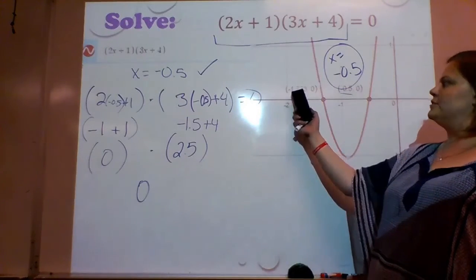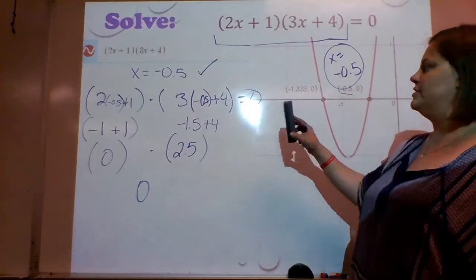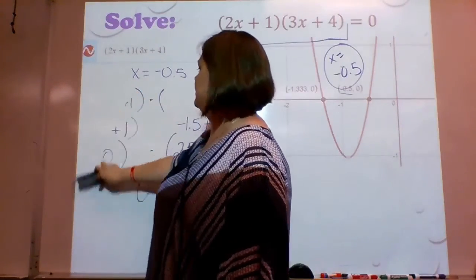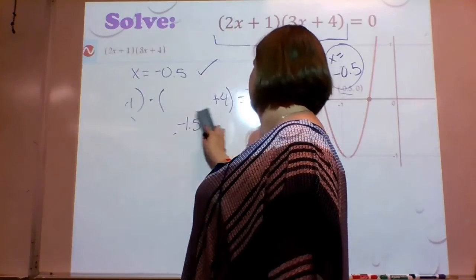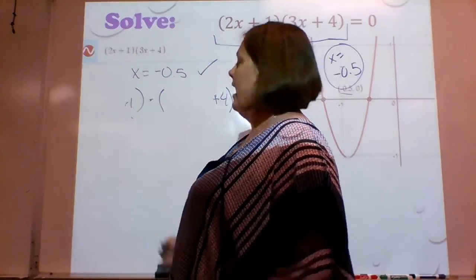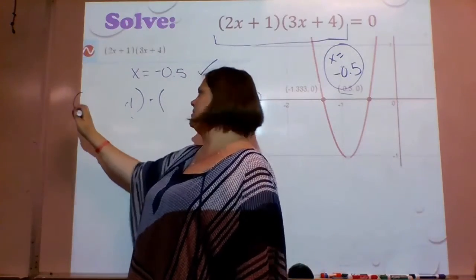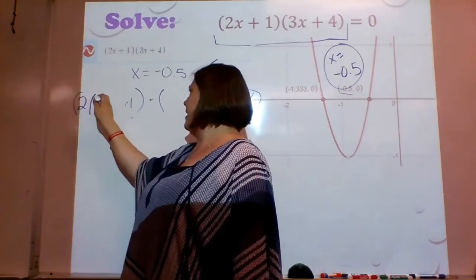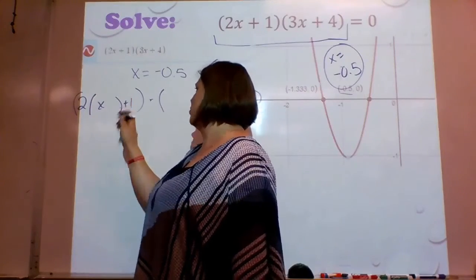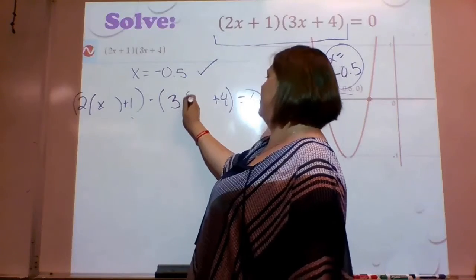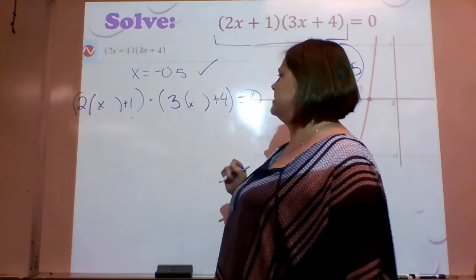I'm going to take this one here and substitute that in and see what happens. So notice that this negative 1.333333, it does not matter if I choose 1/3, 5/3, 2/3, that is 110% irrelevant.